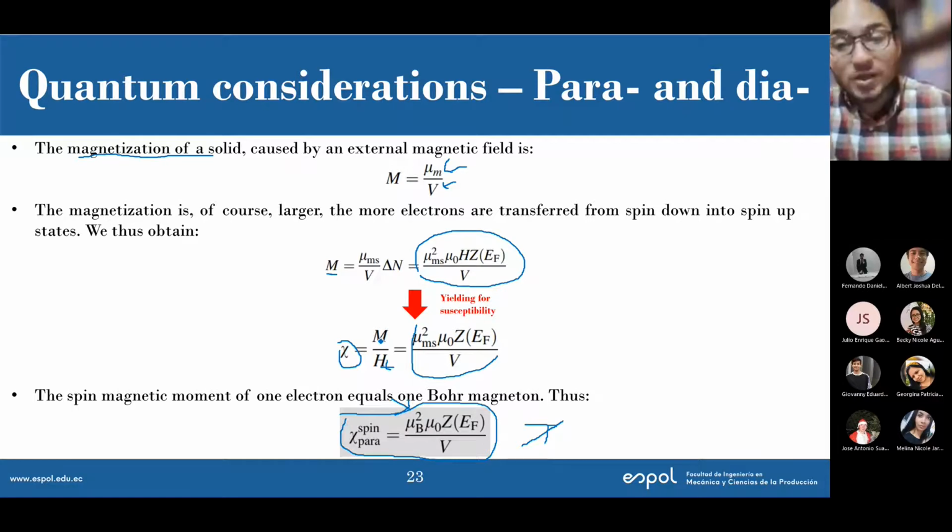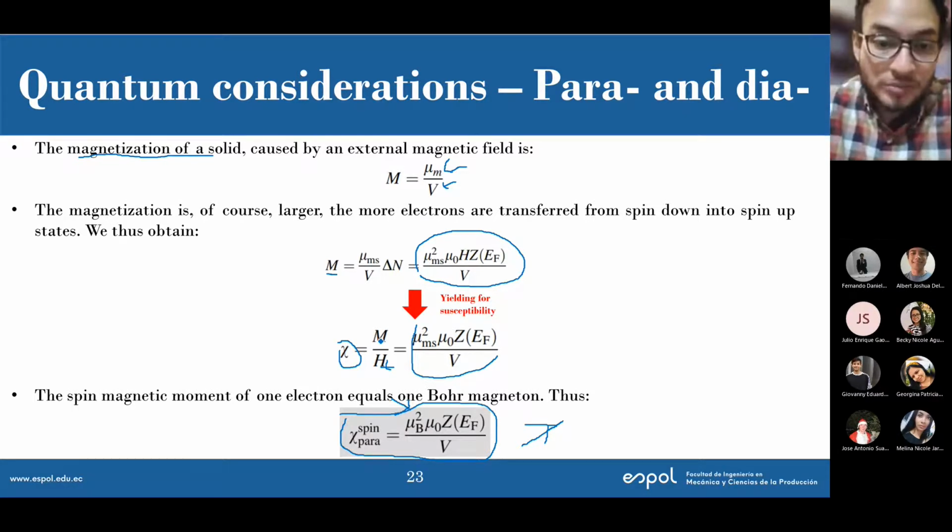So if you want to calculate the susceptibility for metals, for example, which strongly depend on spin paramagnetism rather than electron orbit paramagnetism, you can calculate with this equation, and it works perfectly well. It will give you values that are extremely close to experimental values. Any questions?